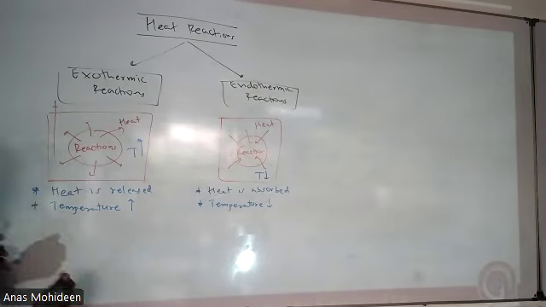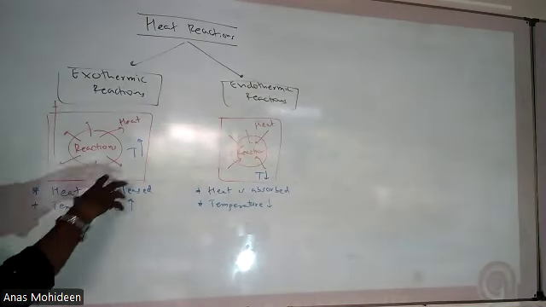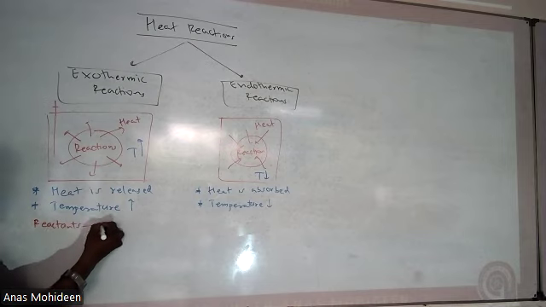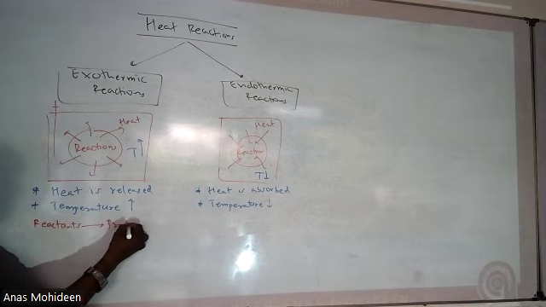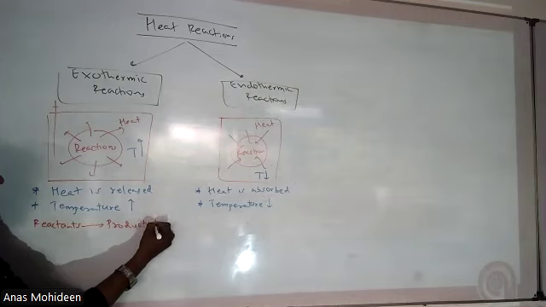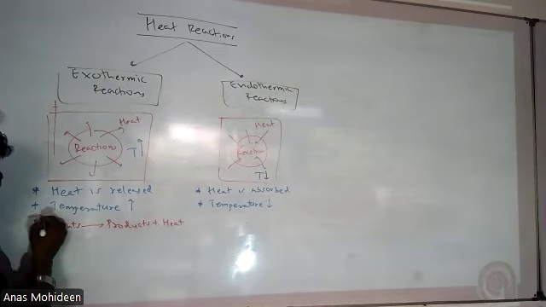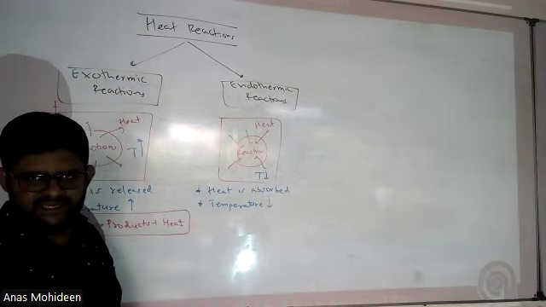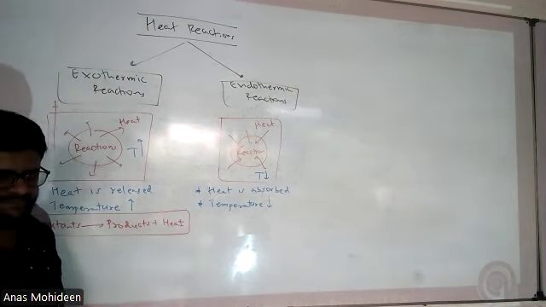Now, usually when a reaction is happening, reactants are converted into products. In the exothermic case, heat is released, so the reactants become the products, releasing heat: reactant becomes product plus heat.